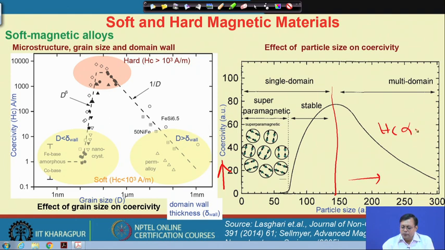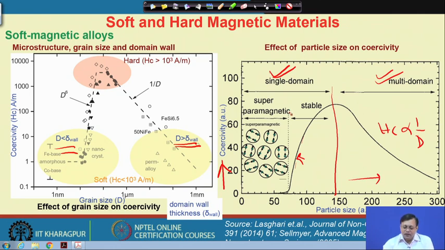So, it is basically proportional to 1 by d, whereas in this case when I decrease d, the coercivity also decreases. Since the domain wall has a lower thickness than the grain diameter, I will have a chance of having multiple domains in a single grain. This is the condition, whereas if I am on this side, then I may achieve a single domain in a grain.